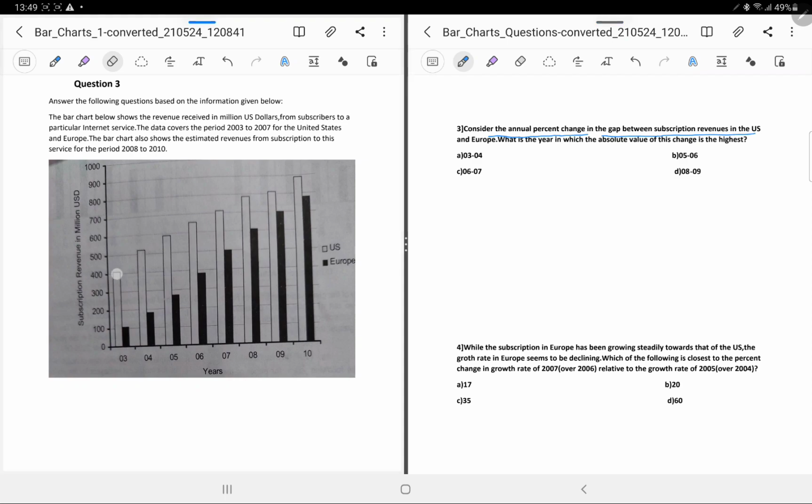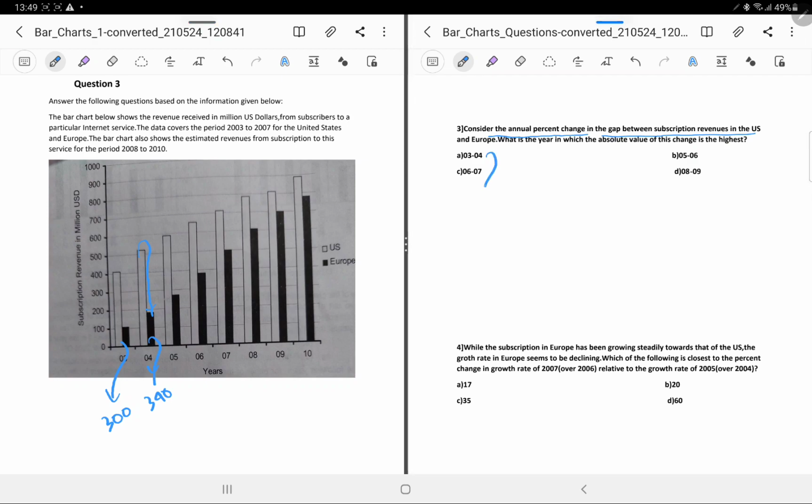For this the gap is 300. For this the gap is 300. This is almost 110 and this is 410. For this the gap is almost, how much can it be, somewhere about 340. Now what they are asking is the gap between the subscription values.